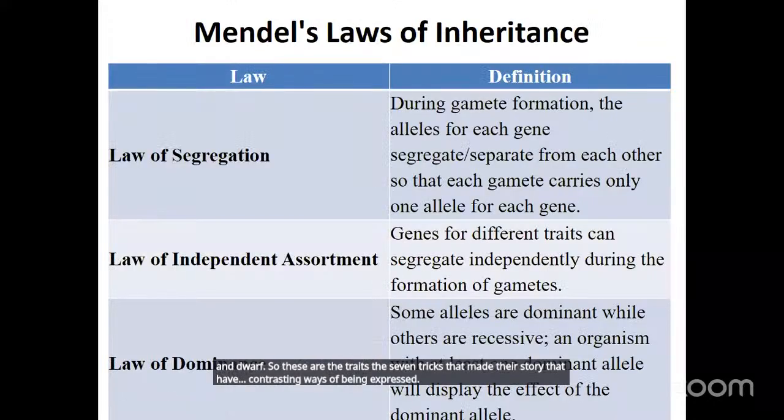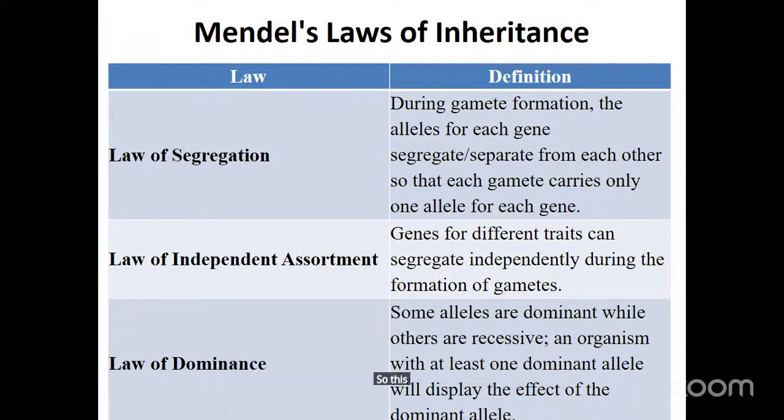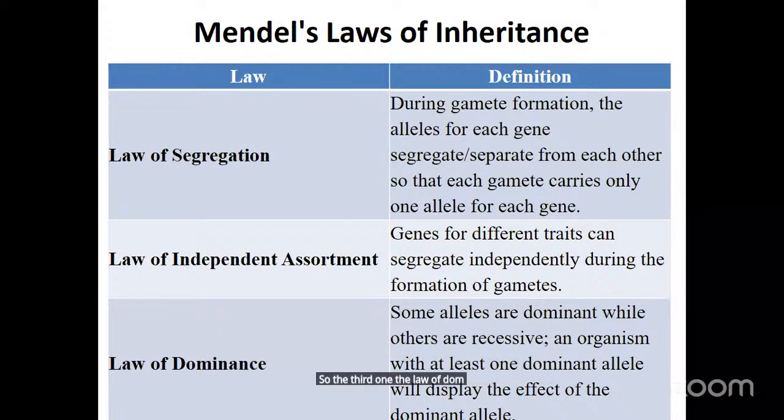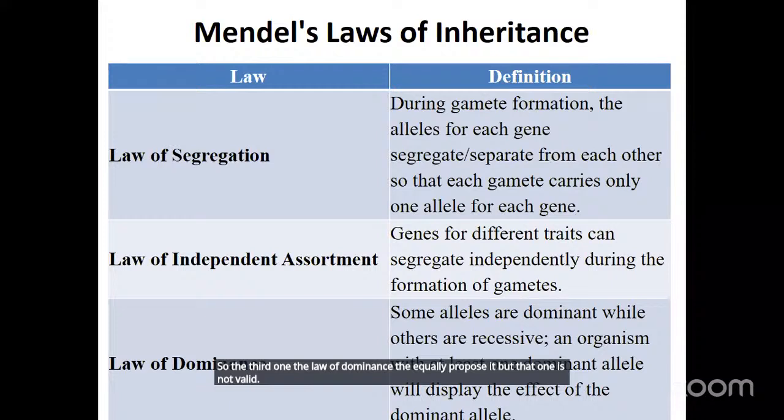So these are the 2 laws of Mendel: the law of segregation and the law of independent assortment. They are the 2 most known laws of Mendel. The third one, the law of dominance, he equally proposed, but that one is not valid. It's not 100% valid.